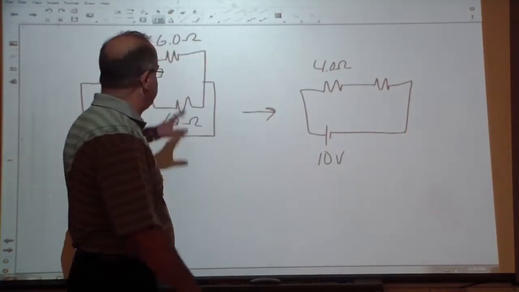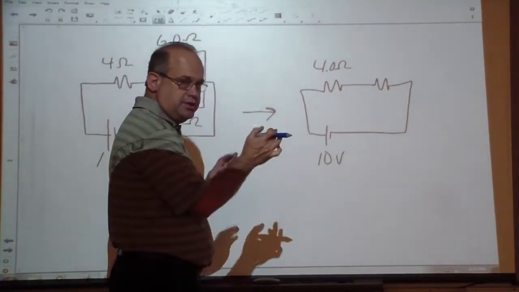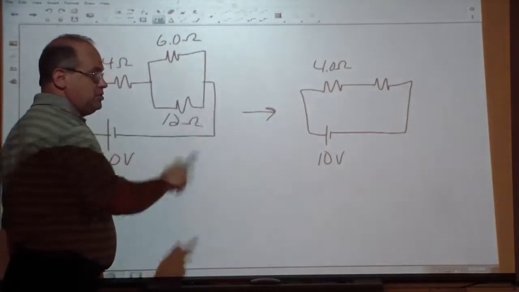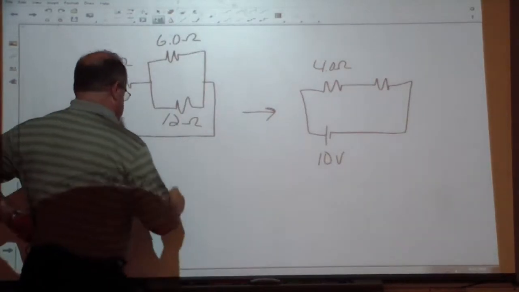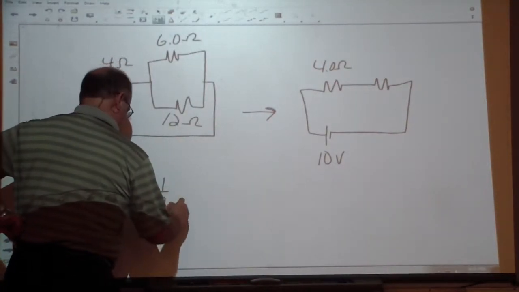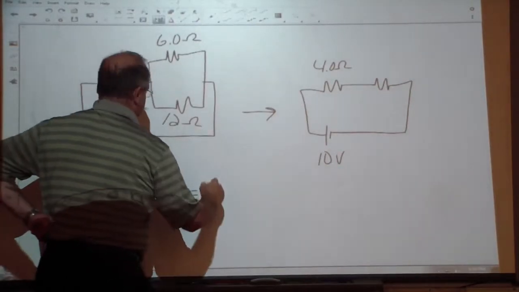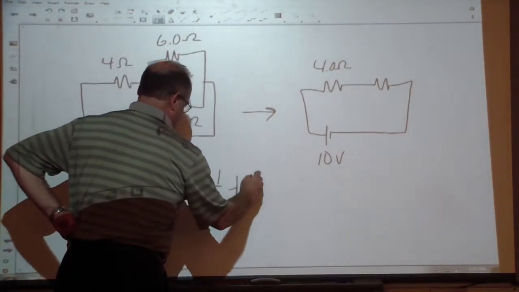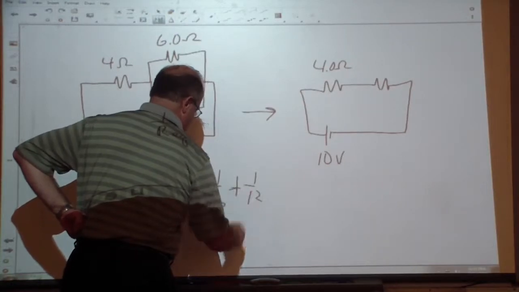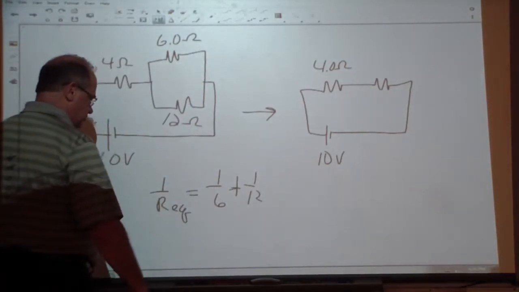Okay, now I have to do these in parallel real quick. I'm going to do it and then erase it, okay? Like I said, I do it on that board, but you wouldn't be able to see it. So we do 1 over R_eq equals 1 over 6 plus 1 over 12, right? The common denominator is 12.